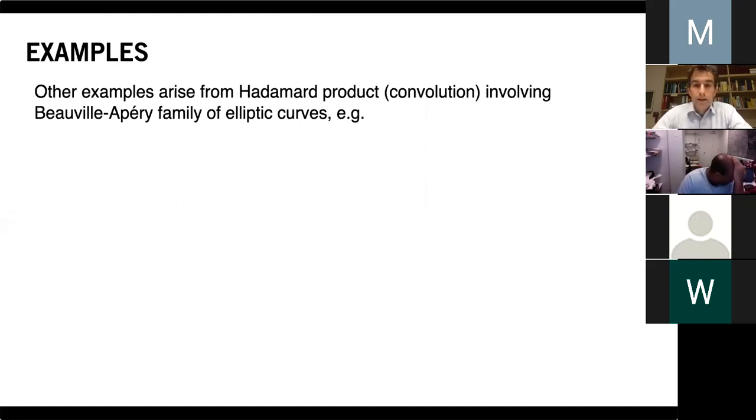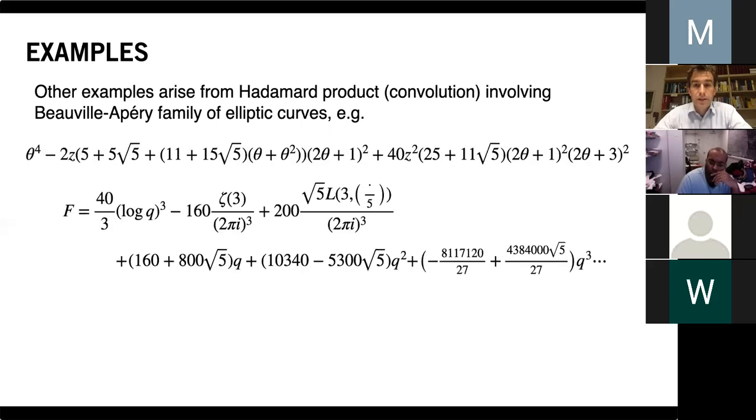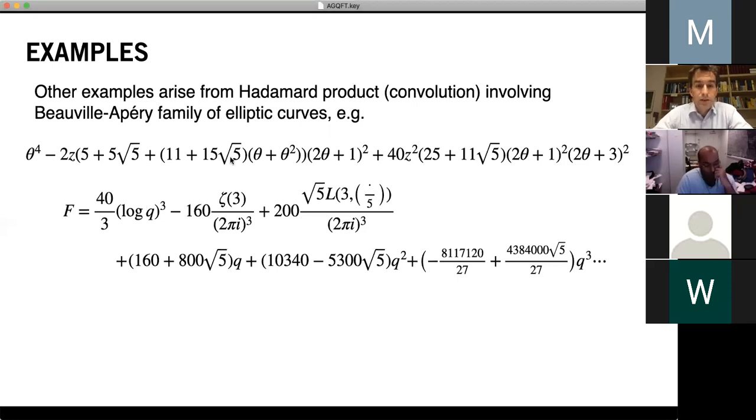And doing this at the level of the geometry is hard, because you have to compactify in the right way. But at the level of the differential operators, that's actually relatively easy. And then you get a differential operator which looks like this.